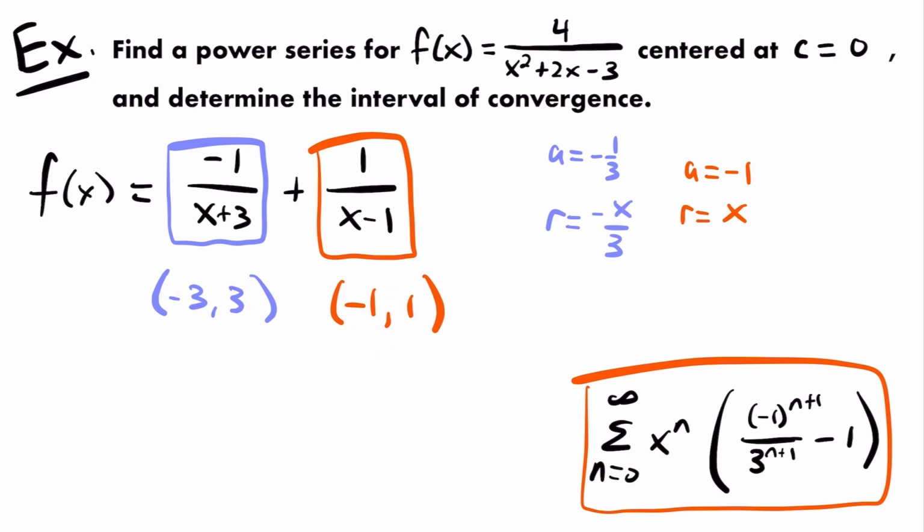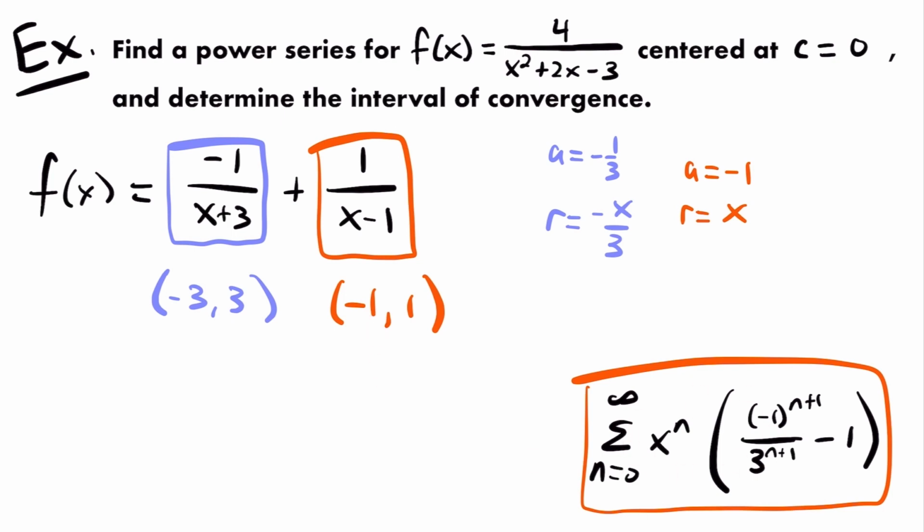Negative 1 to 1 would be the intersection between these two intervals. All of the values of x from negative 1 to 1 would make the power series for this partial fraction convergent, and those values of x are contained in this interval of convergence, which would also make the power series for this partial fraction convergent. So negative 1 to 1 is going to be our combined interval of convergence for this power series.